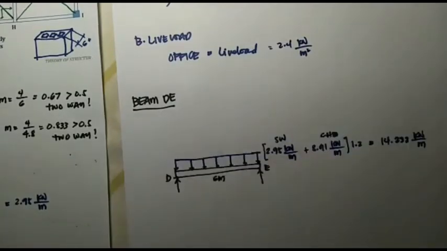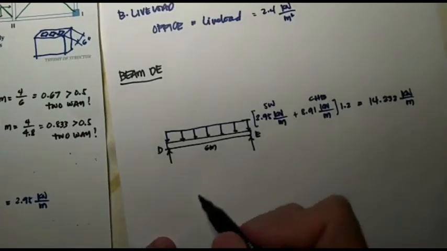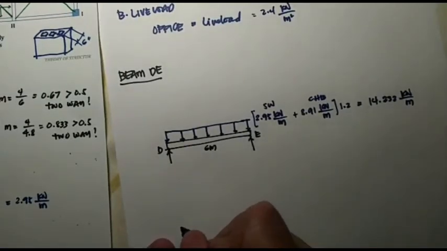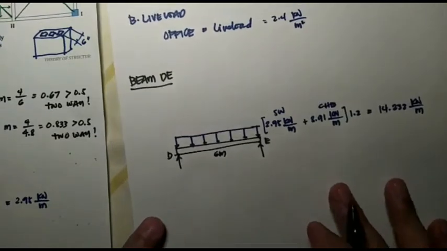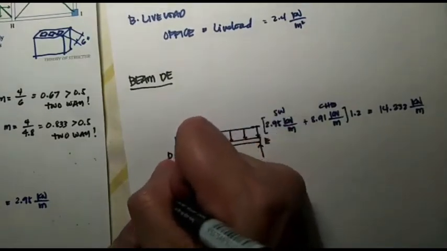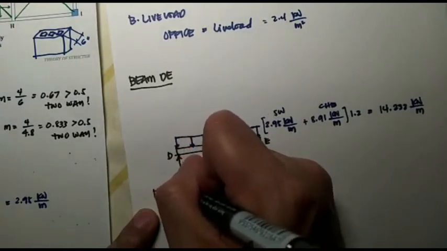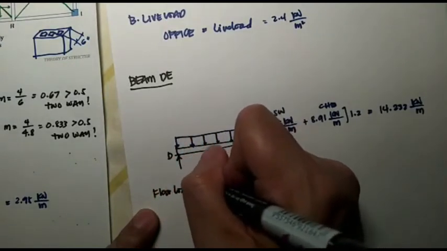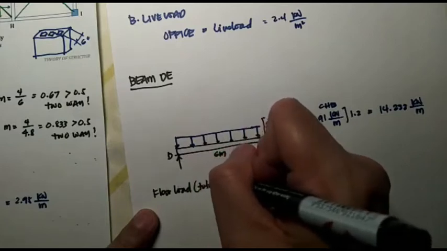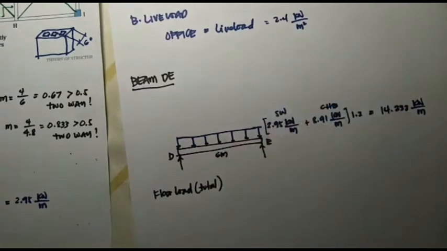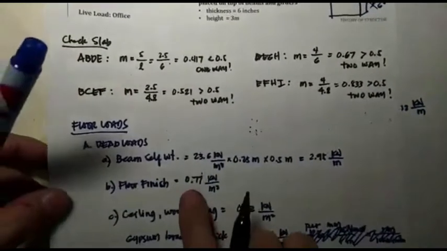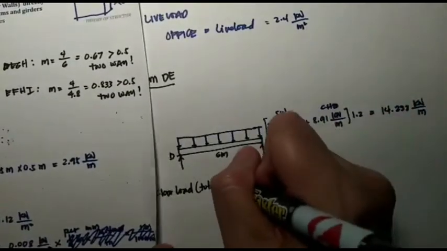Then for the floor load, separate ko na lang. So solve ko muna yung floor load. What is the total? So the total floor load would be coming from the floor finish.